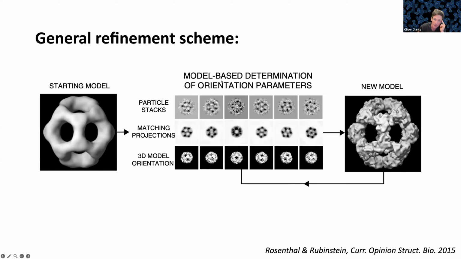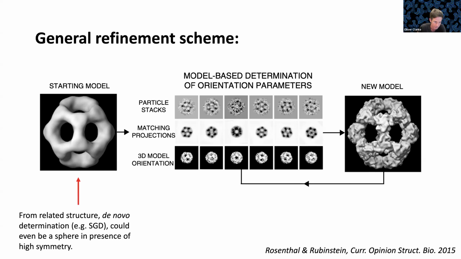So matching, broadly speaking, projections of the model with your particles, which generates a better reconstruction, which allows more accurate assignment of orientations and so on and so forth. And so this could come from a related structure, but mostly these days it will come from a de novo approach using stochastic gradient descent.